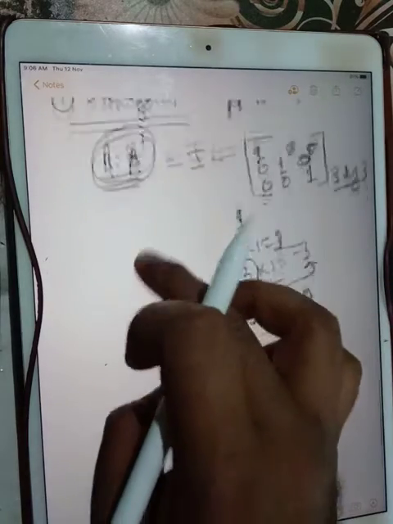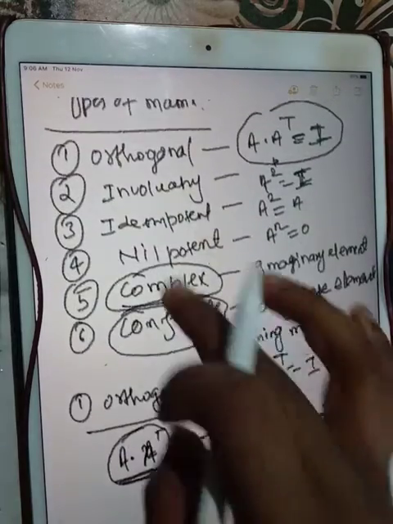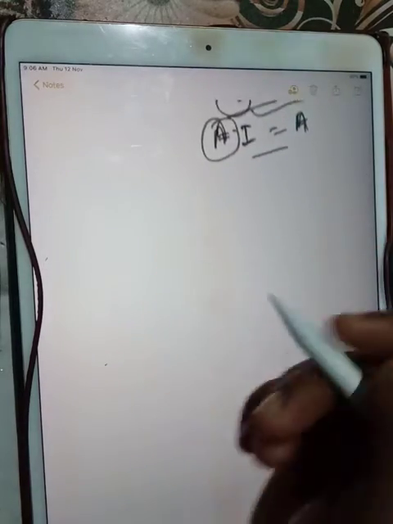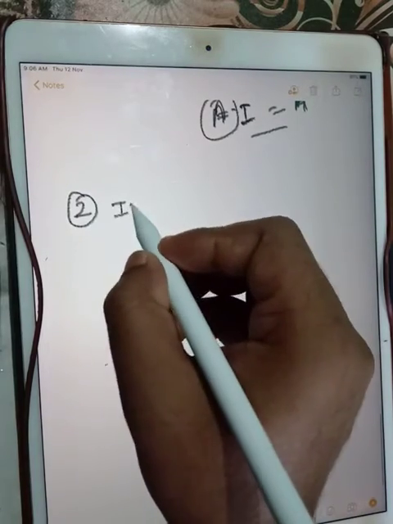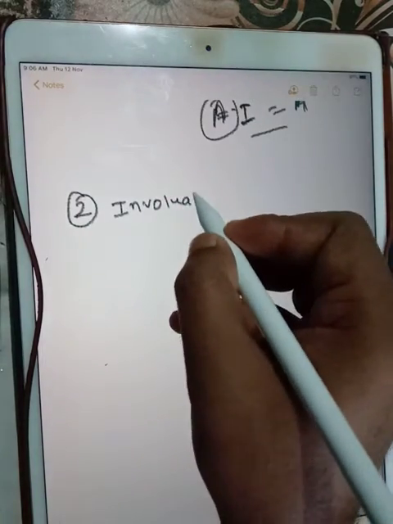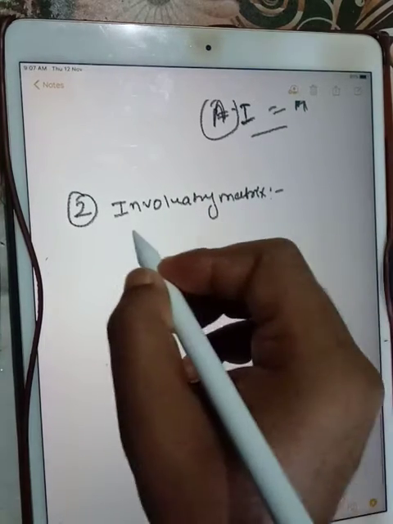Okay, so now the second one is the involutory matrix.